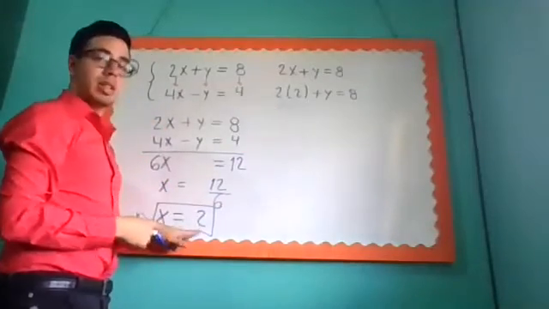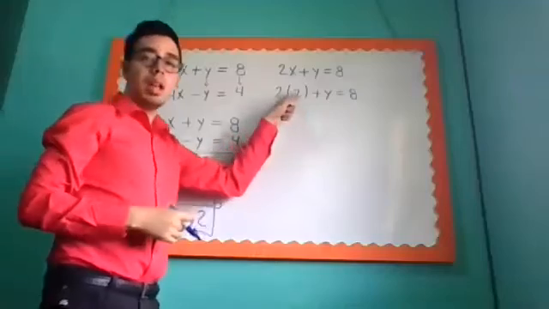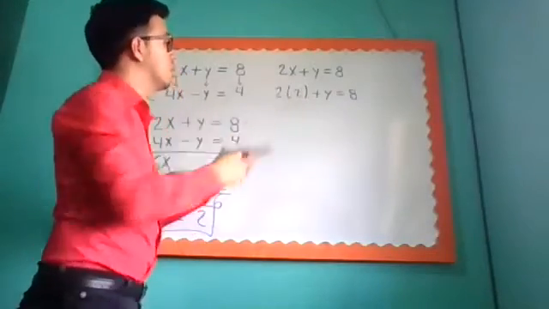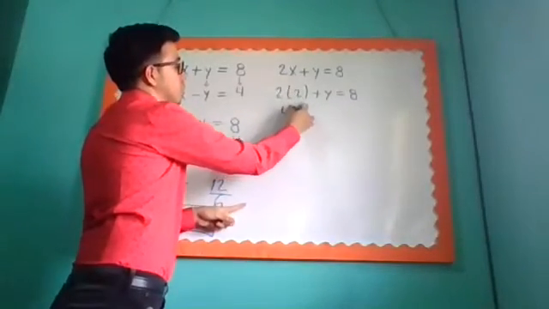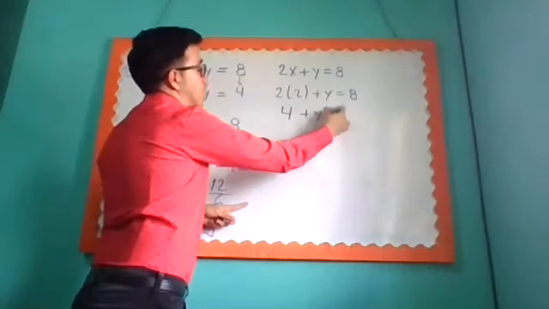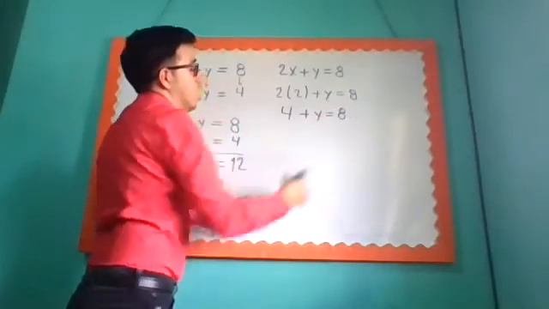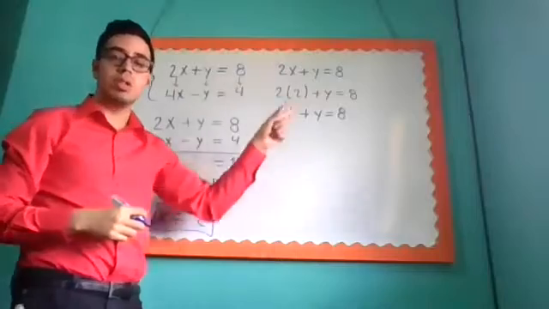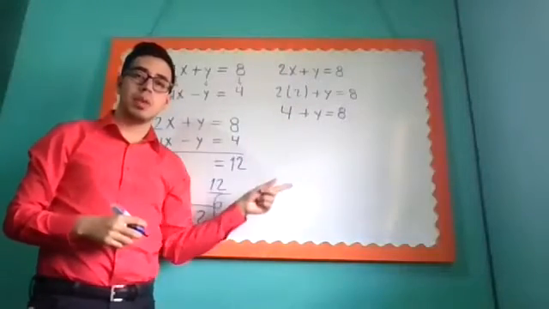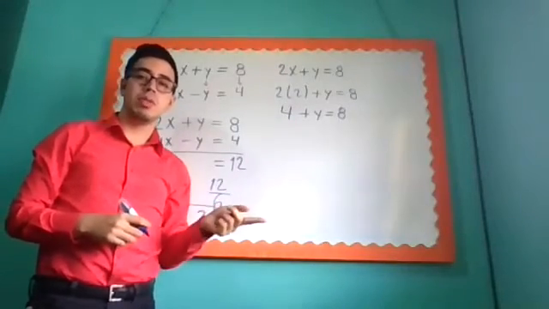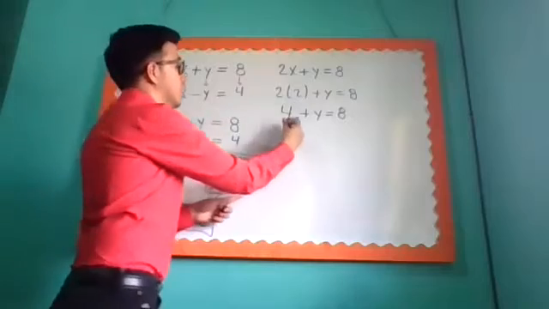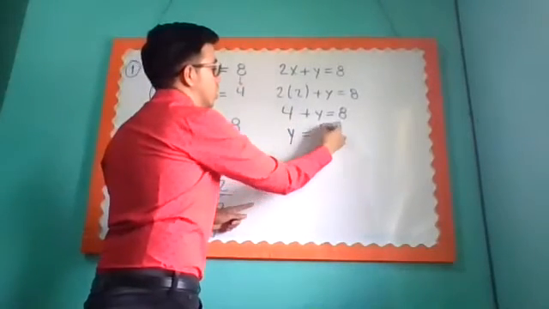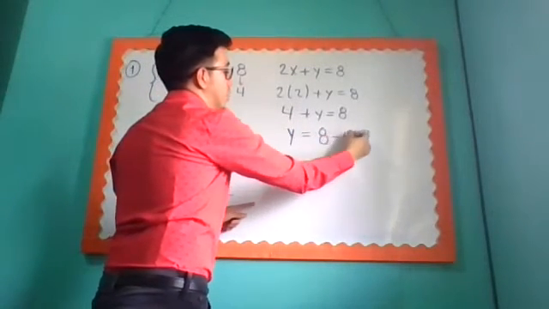I already have that x is 2, so I replace it in the equation. 2 times 2 is going to be 4. 4 plus y equal 8. And you pass the 4 that is in addition to the other side to subtract, so you have that y is equal to 8 minus 4.